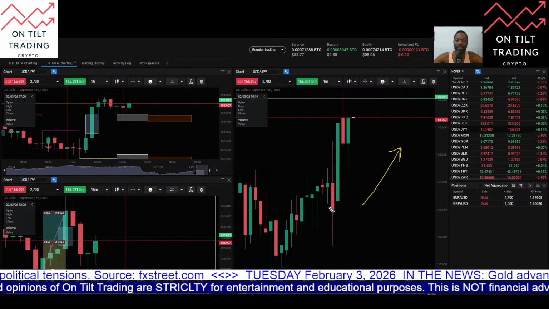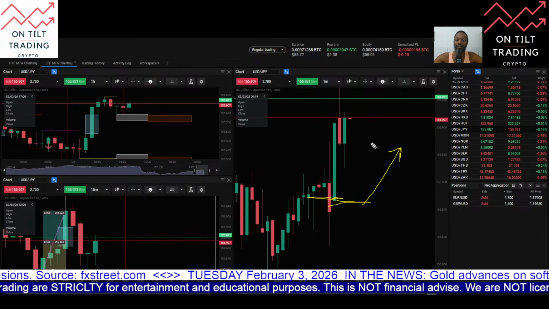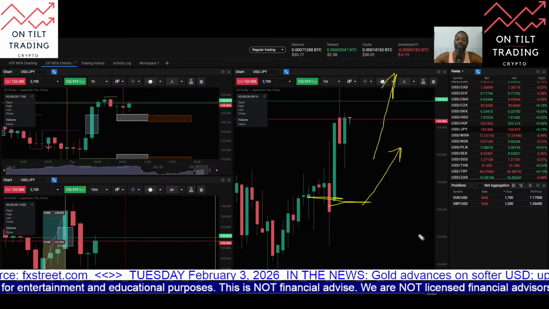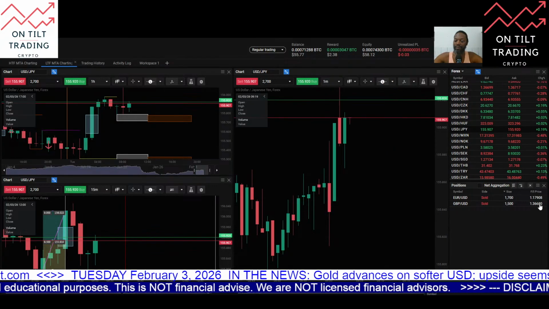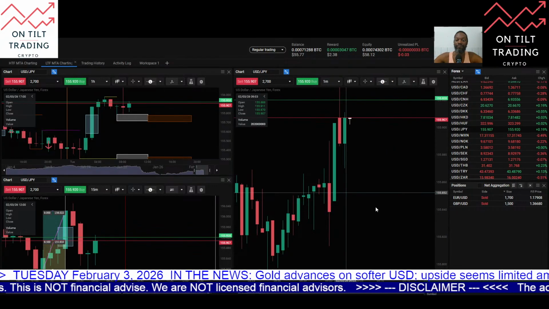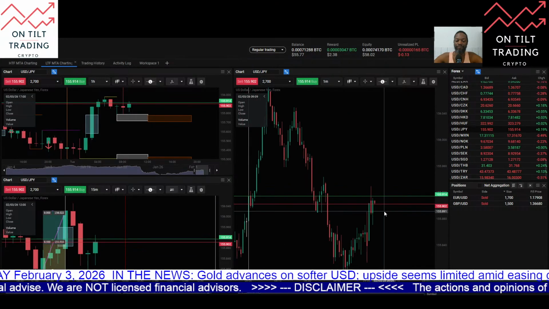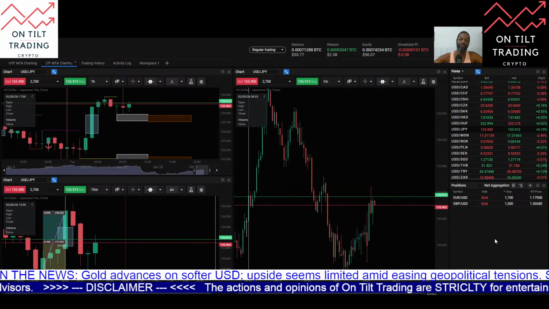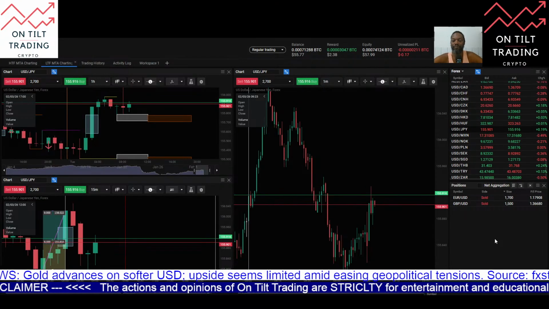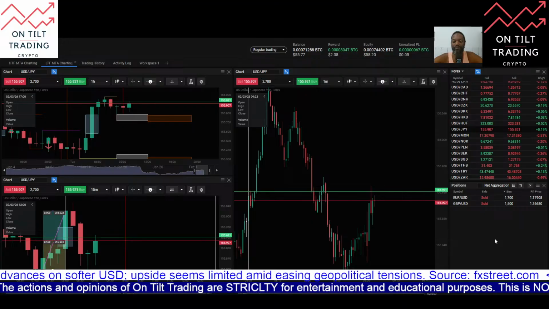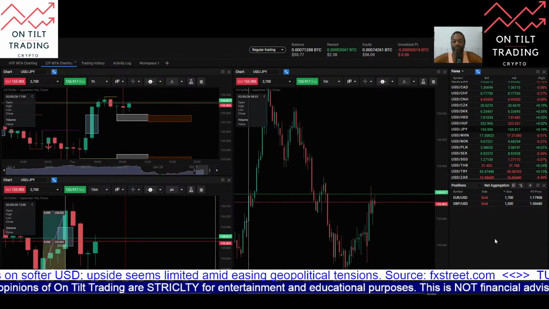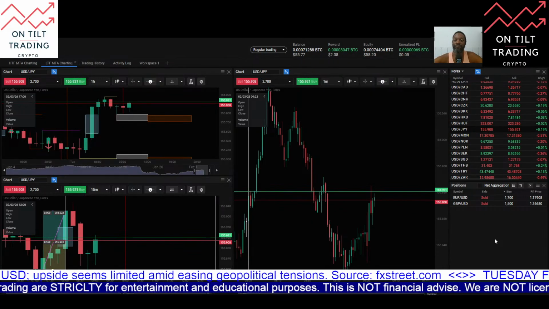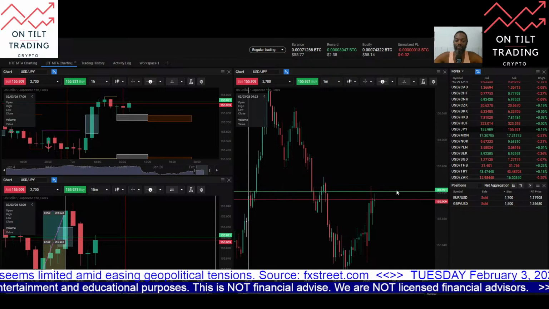If price does not come back here, then I would anticipate price to deliver to the buy side in a hurry. New swing point.